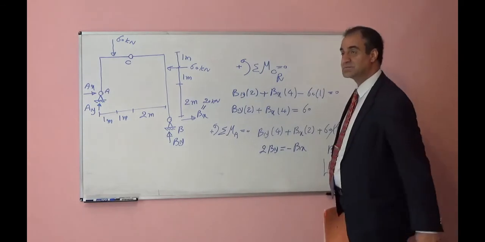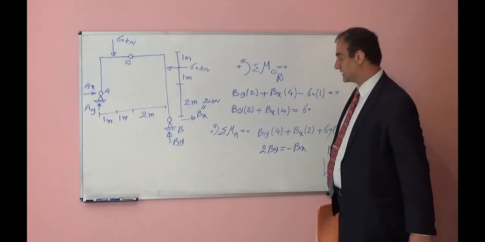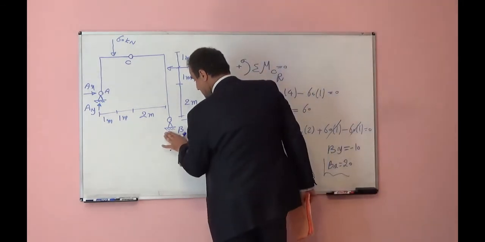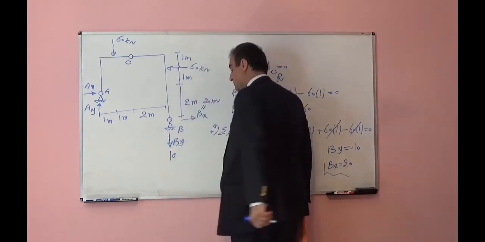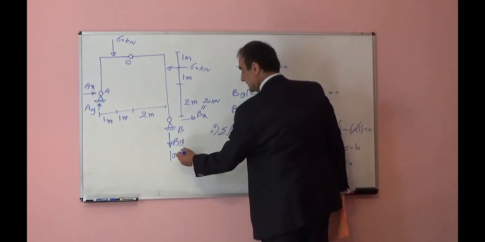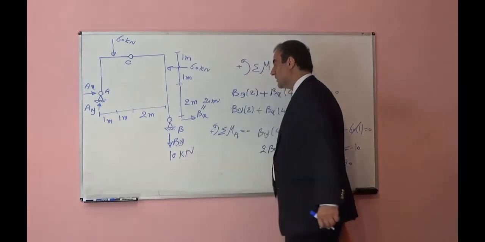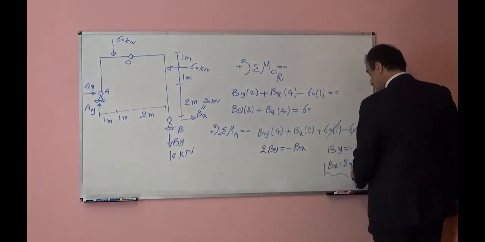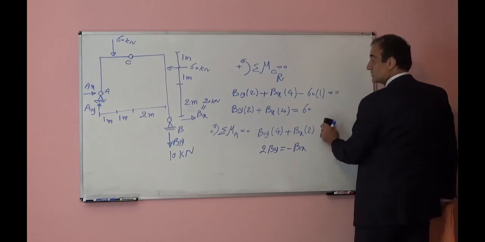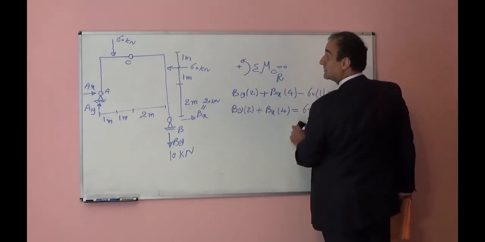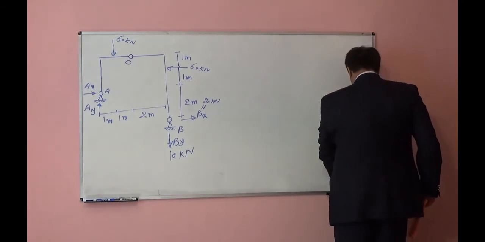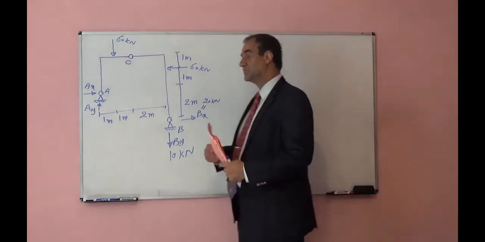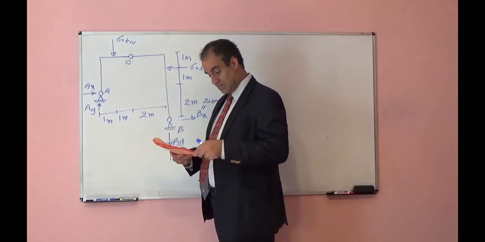Negative 10 means I should change the direction of By. I can change it here, so it will be positive. It means 10 kilonewton in this direction. Now if you write summation of forces in the horizontal direction, you can find Ax, and if you write summation of forces in the vertical direction, you can find Ay.